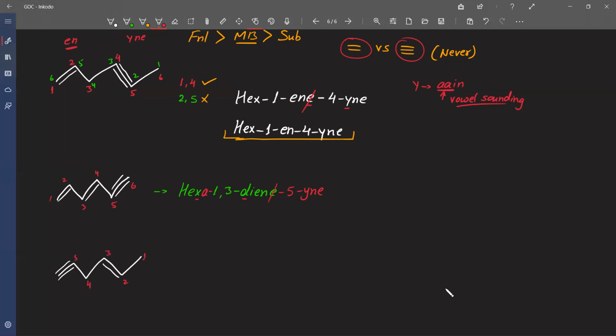Which one is correct, the red one or the green? Green. The green one, because in the green scheme it is 1, 4, and in the red scheme it is 2, 5. So the green one is correct and the red one is wrong. Now I think you can name it easily. Tell me the name.